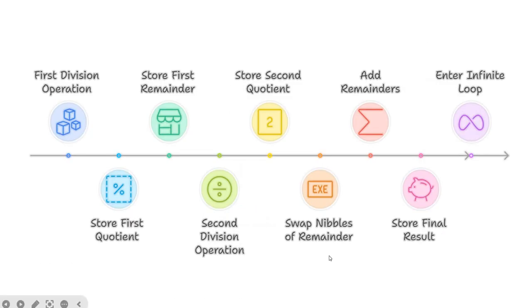Then we are swapping the nibbles of the second remainder. Then to that we are adding the first remainder and we store the final result, and we'll halt the program by entering an infinite loop. So here we are performing two divisions, to get the first quotient and first remainder from the first division, and second quotient and second remainder from the second division.